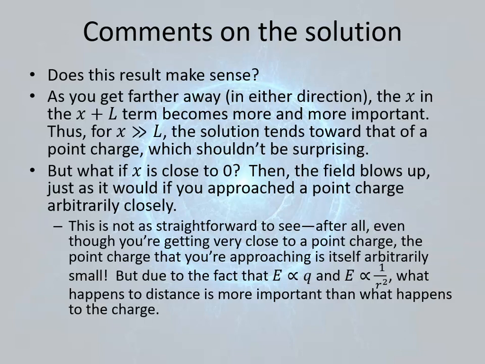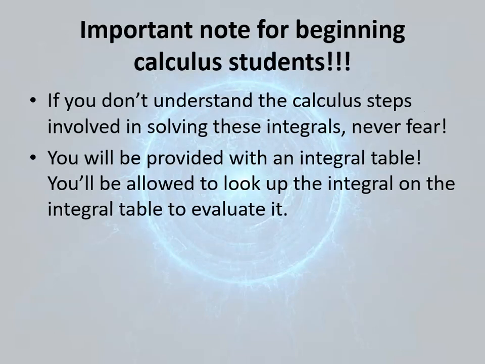So the fact that you have that distance squared down there, even though you're getting close to more and more charge and it seems more and more spread out, well, the spread outness of it is proportional to your distance from it, because we're talking about a linear charge density, but the actual contribution to each electric field is 1 over distance squared. So overall, you think about a 1 over distance type of thing, and it still ends up blowing up. Okay, and the same would occur also if you approached from x equals negative L from the left.